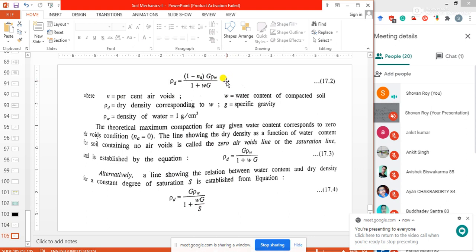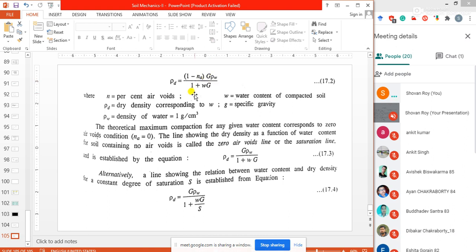Normally rho d is the dry density, and the formula is rho d = (1 − Na) G rho w / (1 + wG). Na is the percent air voids, or percentage air voids. G, capital G, is the specific gravity, rho w is the density of water, and small w is the water content.